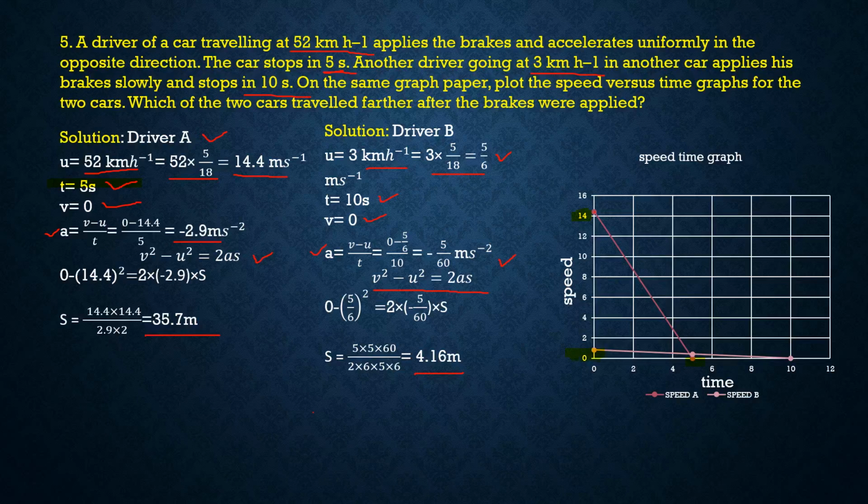Similarly for driver B, initial speed is 5 by 6, that is 0.83 meter per second. So initially driver B is here, and when time is 10 seconds, final speed is 0.